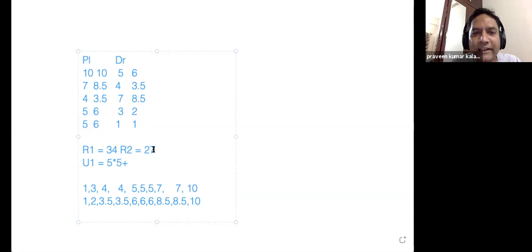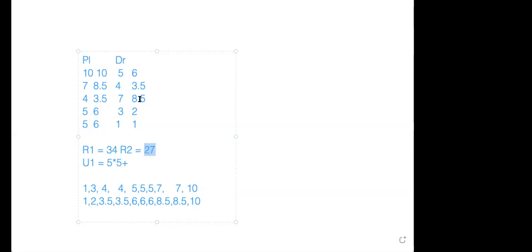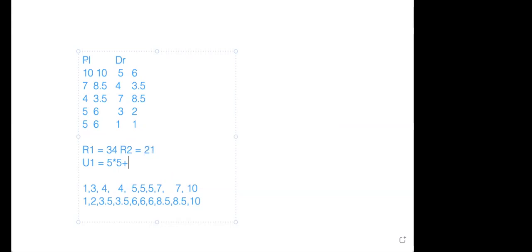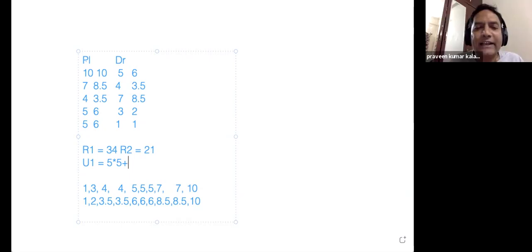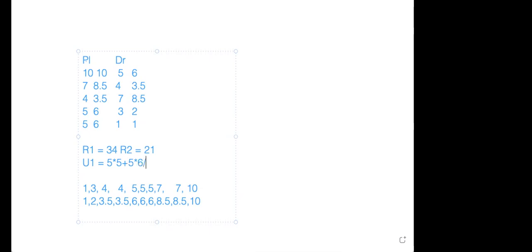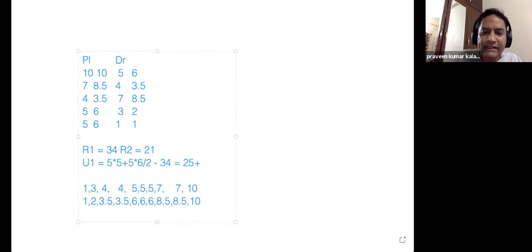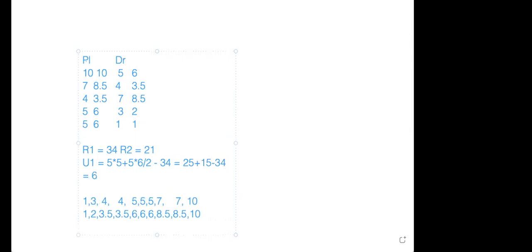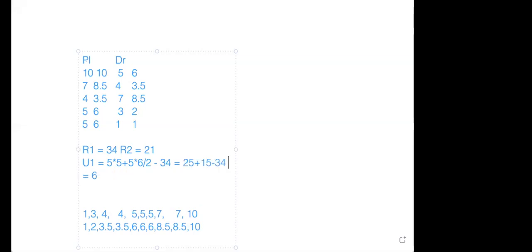What is the total? 9 plus 12, that is 21. So N1 into N2 is 5 into 6, that is 30, plus 5 into 6 divided by 2 is 15, so 45 minus 34 gives 11. Hmm, 40 minus 34 is 6.